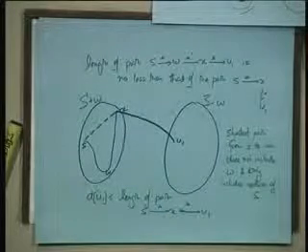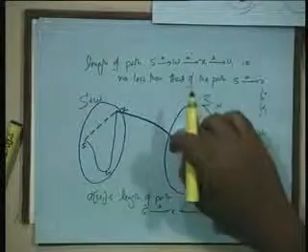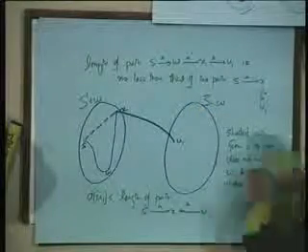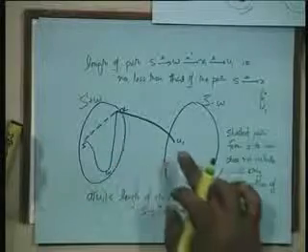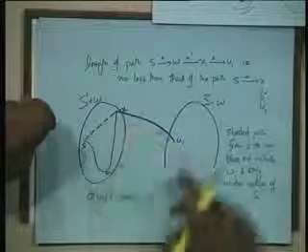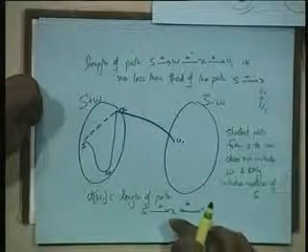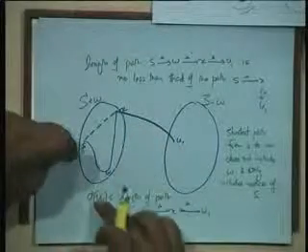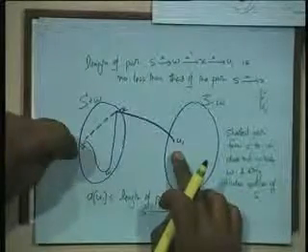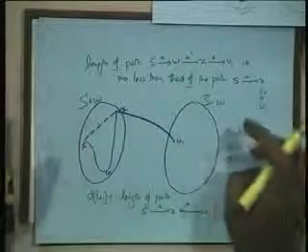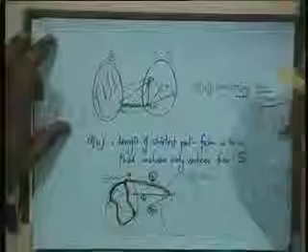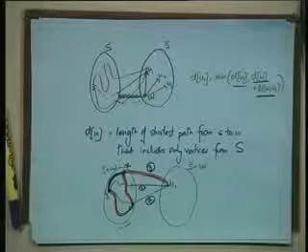I already know that, because d of u1 was the smallest possible path which used only vertices of S. So, this is only less than that, and since this is less than this, d of u1 is less than or equal to this longer path, and so I can effectively ignore this thing. I do not have to consider it because it is already included in my d of u1. d of u1 is already a smaller quantity than that.